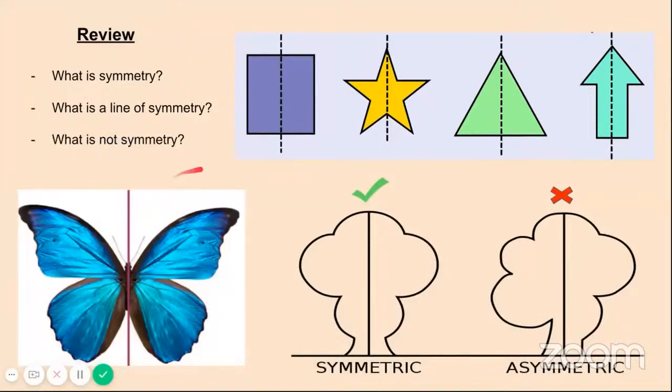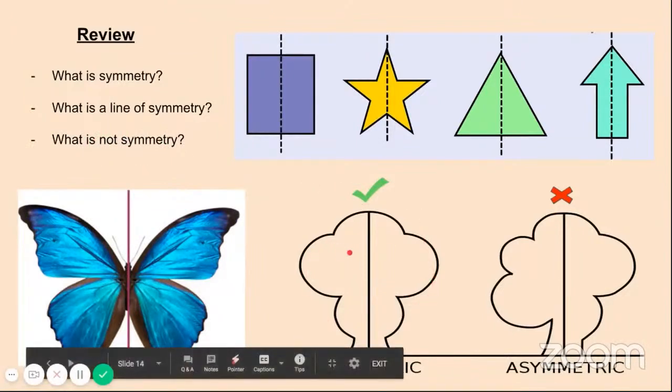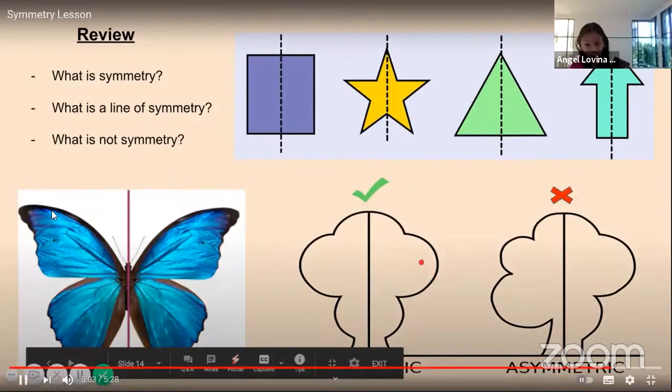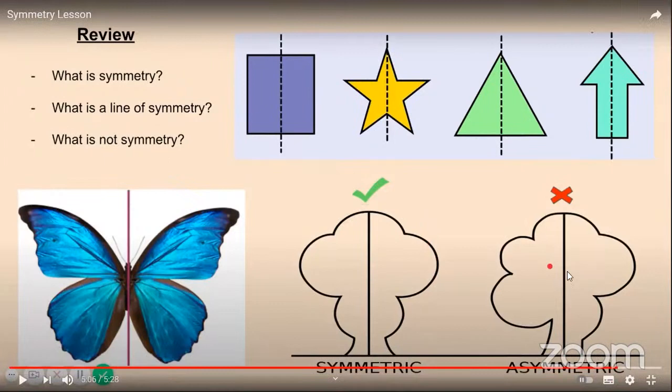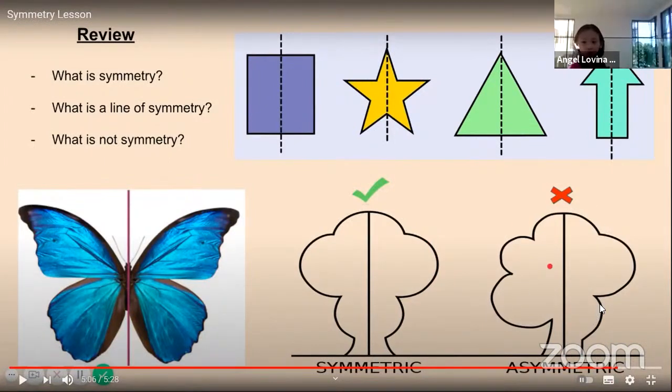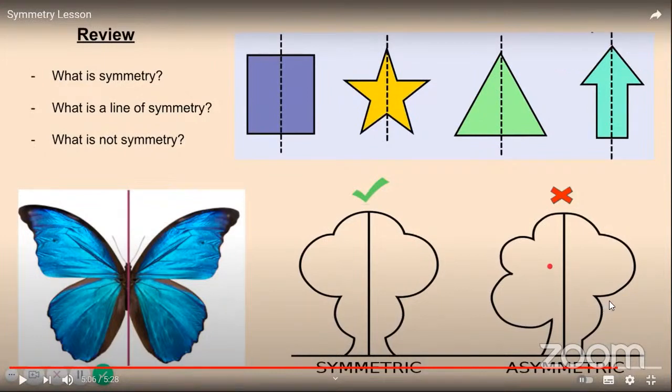And before we leave today, let's learn what is not symmetry just to help us. So both sides equal, that is symmetrical. Something that's not symmetrical. Can you tell me why the second tree is not symmetrical? Why?